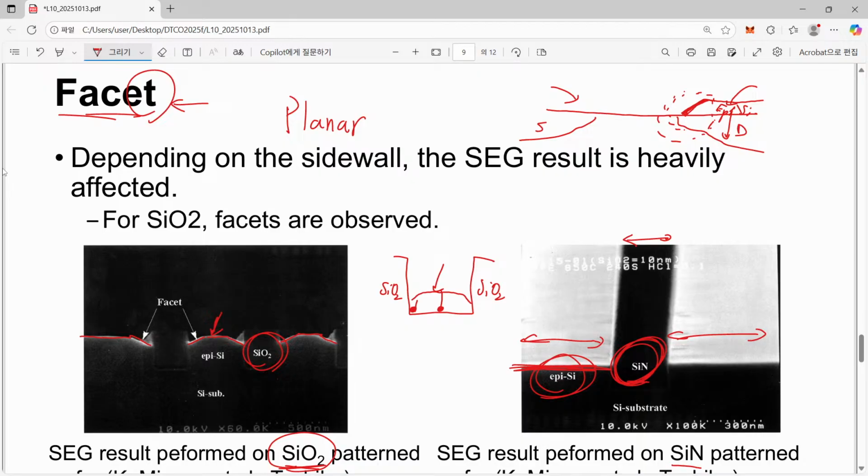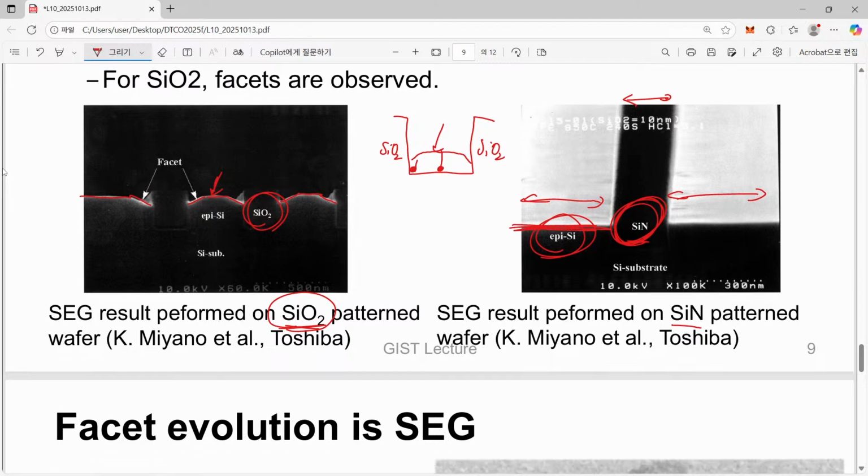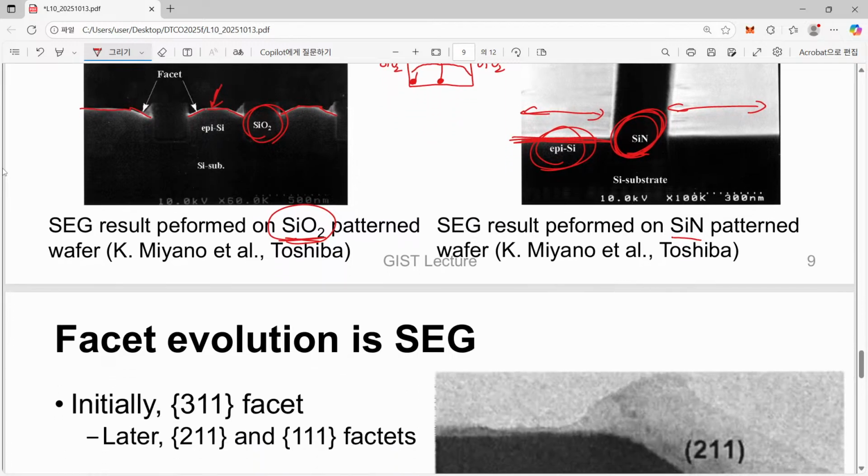That was their concern. So they did not use this selective epigrowth technique for a long time, although that has been known to us quite a long time. However, in the FinFET case, we adopted this silicon epigrowth.